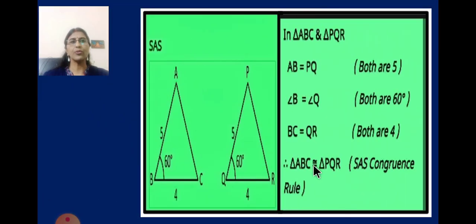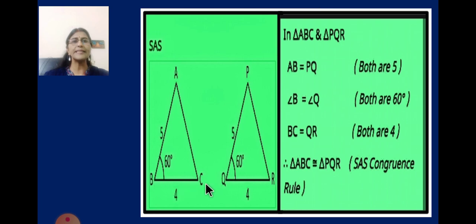Now let us see how to write this. In triangle ABC and triangle PQR, here you can see the measure also is given. Side AB is 5 centimeter, even PQ is 5 centimeter. So we'll write AB is equal to PQ because they measure same, both are 5. And then angle B is 60 degree, even here angle Q is 60 degree. So we'll write angle B is equal to angle Q, both are 60 degree.